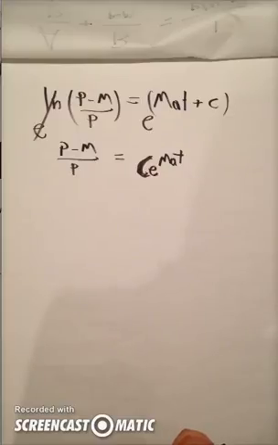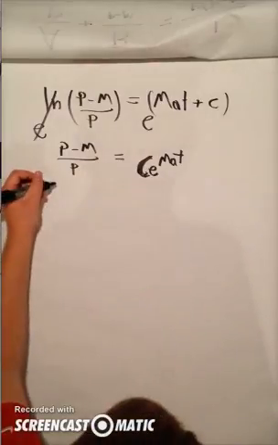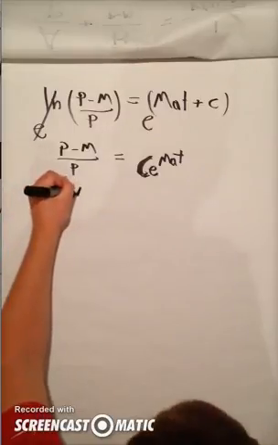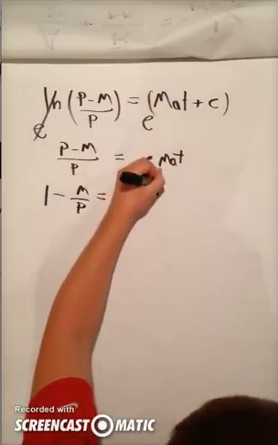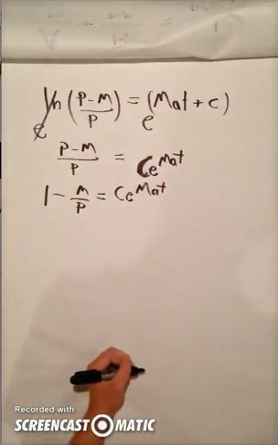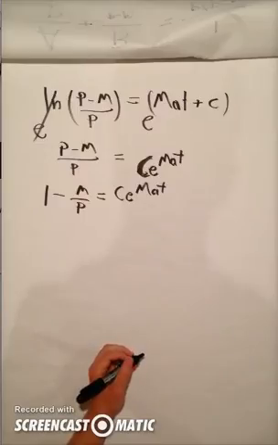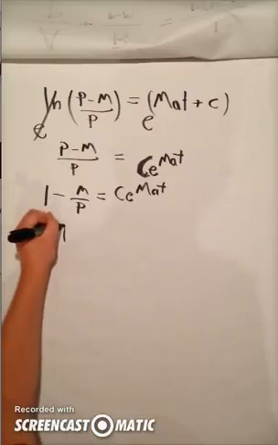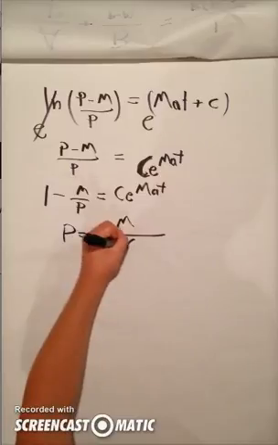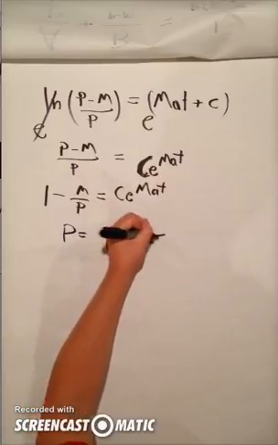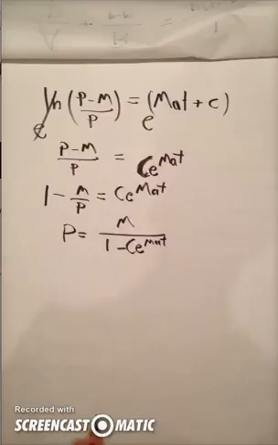Now we can pull the 1 out, and we just solve for P. A little manipulation here. I'm not too worried about showing every single step. I'm sure you can figure out the algebra.